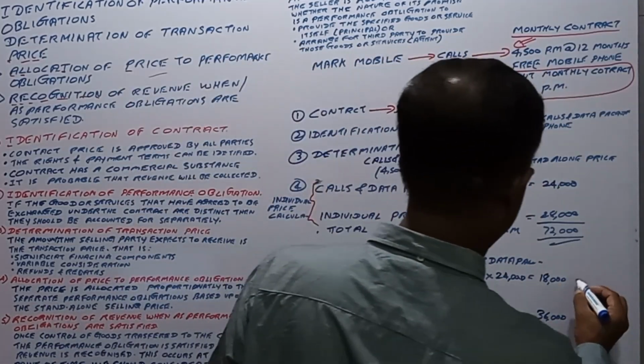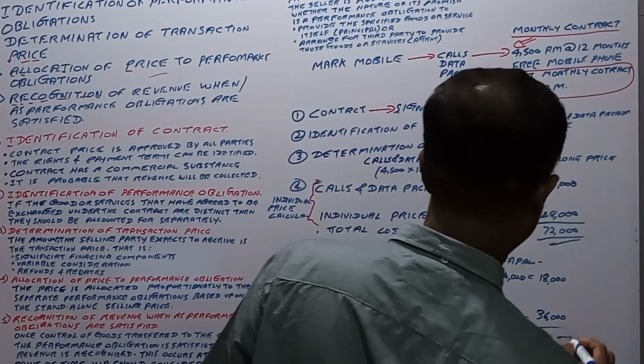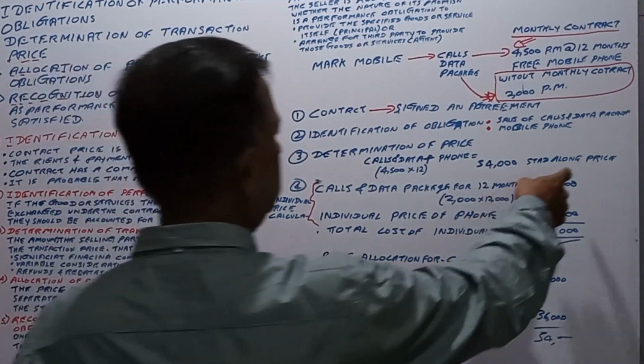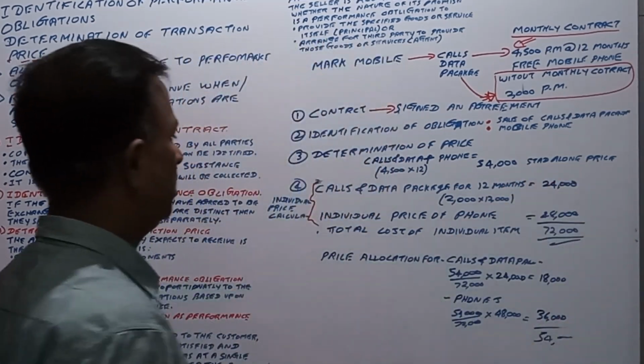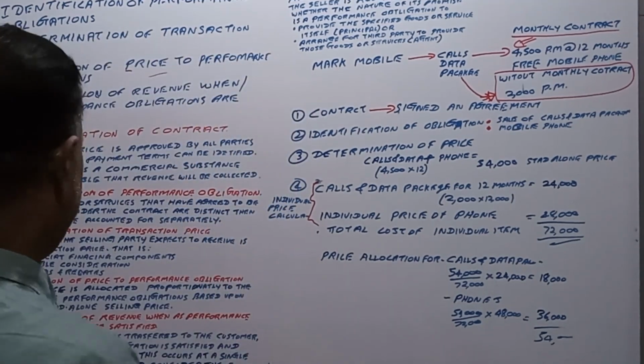Then if you get both things, 54,000. Right. The standalone price is apportioned. This is the fourth one.